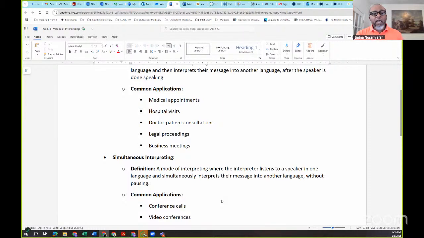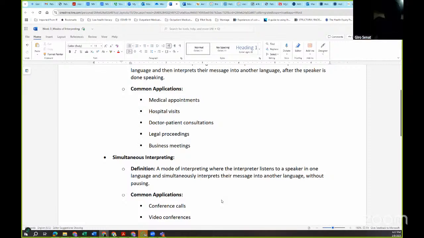Now, if in that church there are people who speak Portuguese only, some Spanish only, some Haitian Creole only, some French only, you can't have the speaker speak, then somebody interprets in Haitian Creole, then after that Portuguese, and so on.